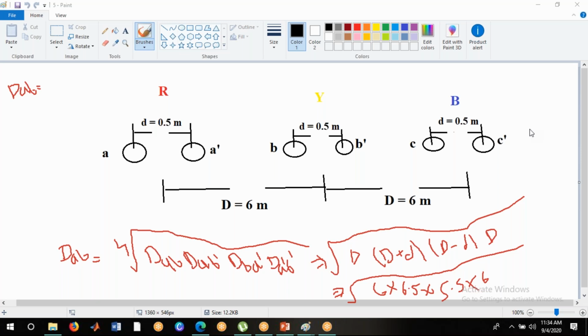DAB value is 5.989, right? Super. So DAB is equal to 5.989 or 99.